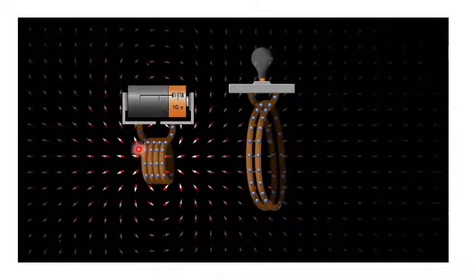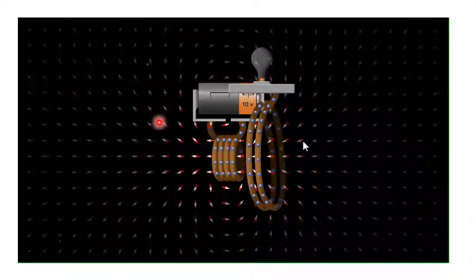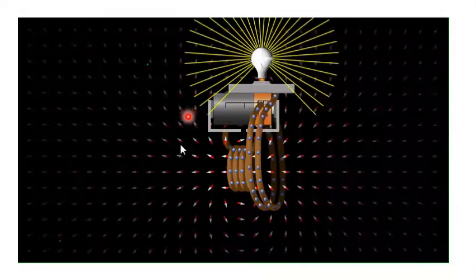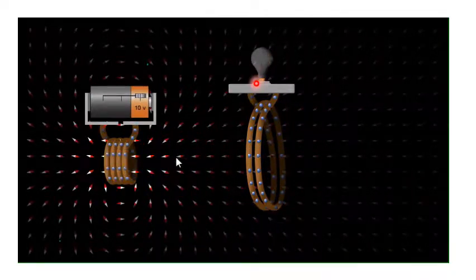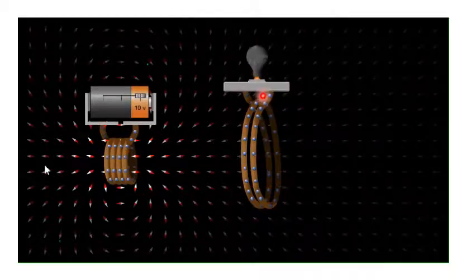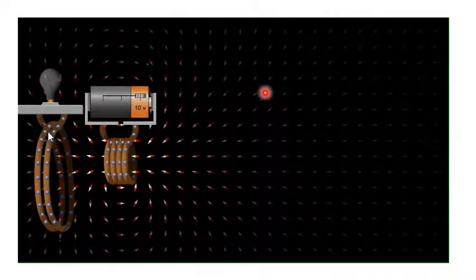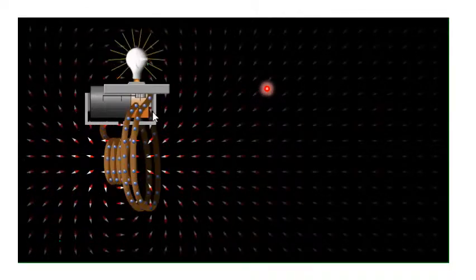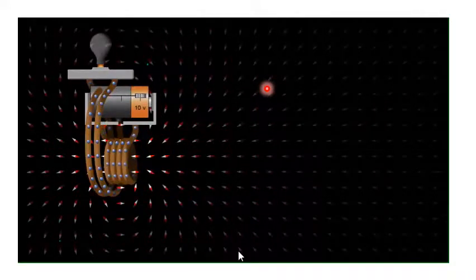Just see. I am passing current through this coil, and when I move this coil towards the other coil, flux will change, so current will flow and the bulb will glow. And if I move the other coil, then also current will flow. So for current to flow, the important condition is to change magnetic flux.